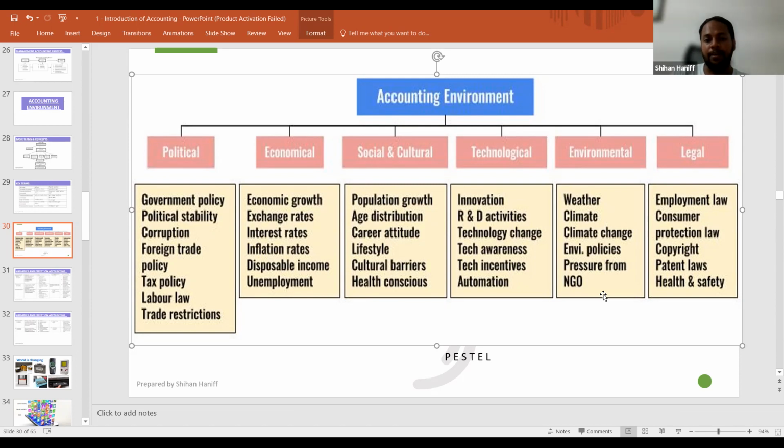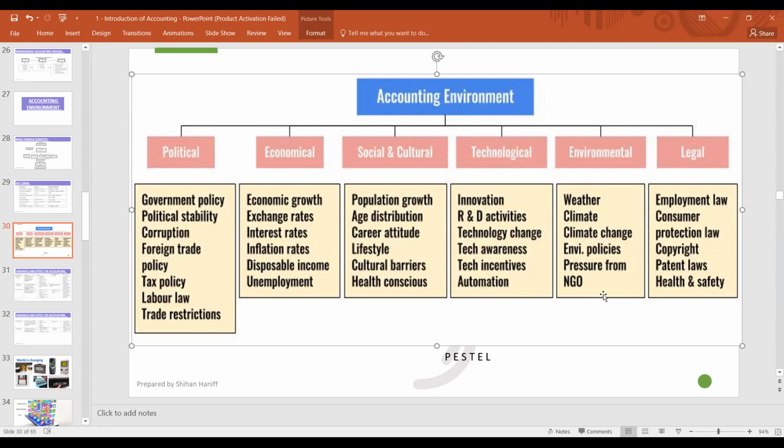Then there is the economical exchange rate. Now the dollar rate is increasing every day, from 170, 180, it went up to 350, 380, 390. That directly affects most of the businesses which import goods from foreign countries.